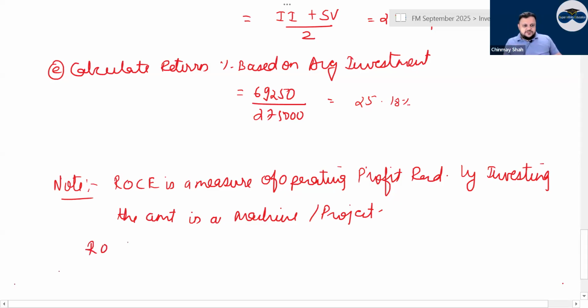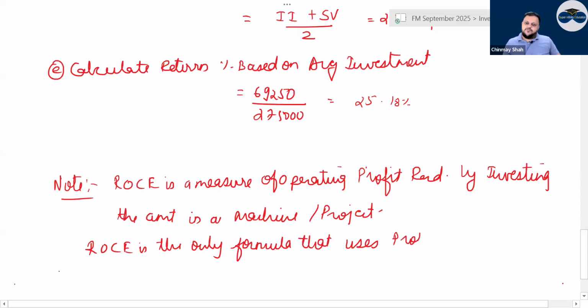Also write here: ROC is the only formula that uses profitability. All other methods use cash flows.